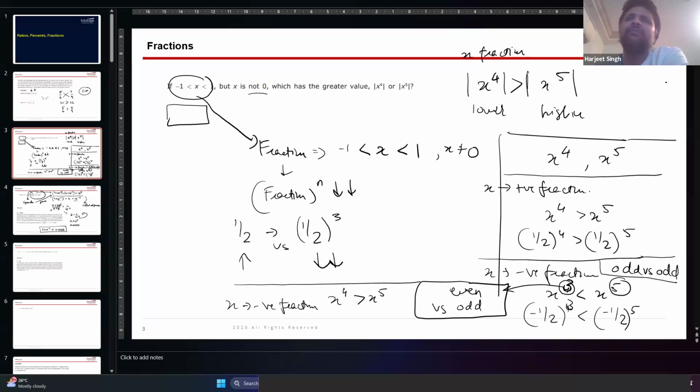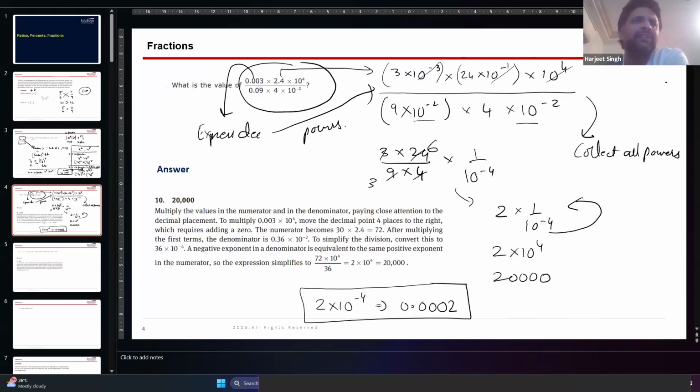So these are some of the basics on fractions and their powers. Also be careful if it's a negative fraction, whether it's raised to an even or odd power. Very, very important. Of course, we'll be practicing many of these variants later.